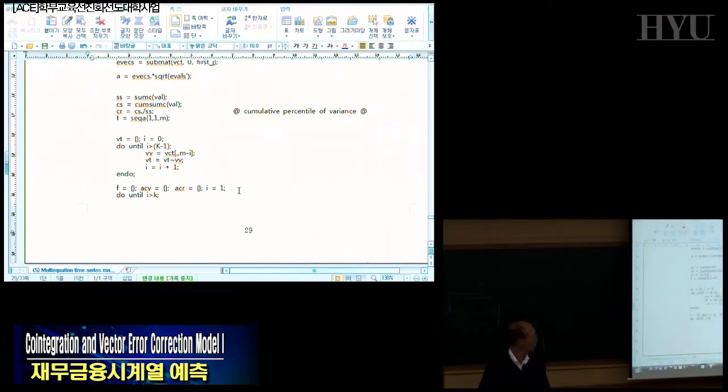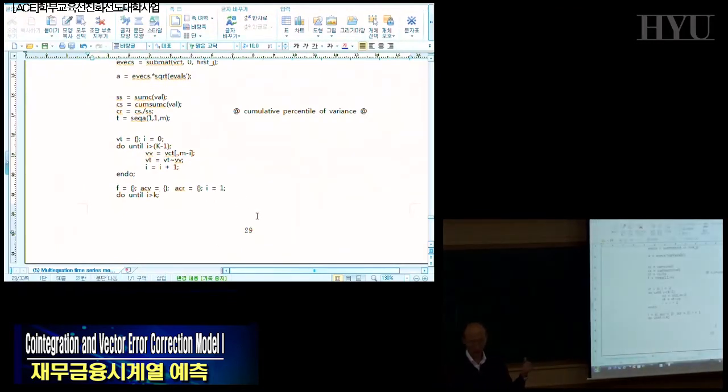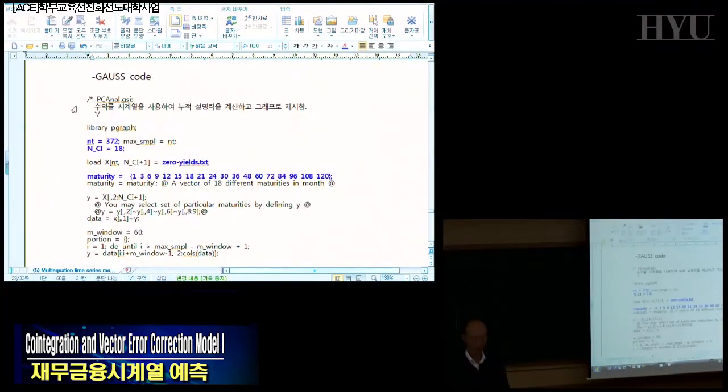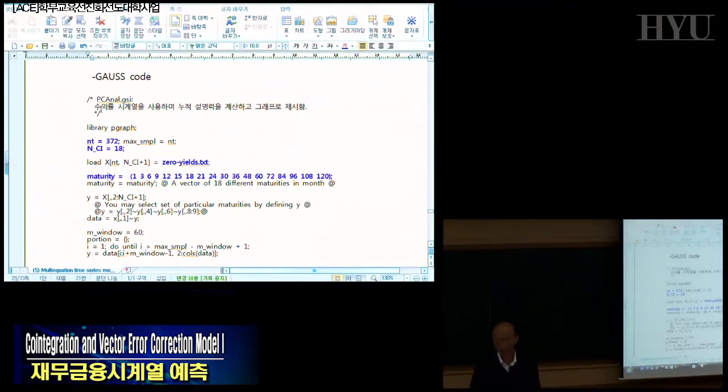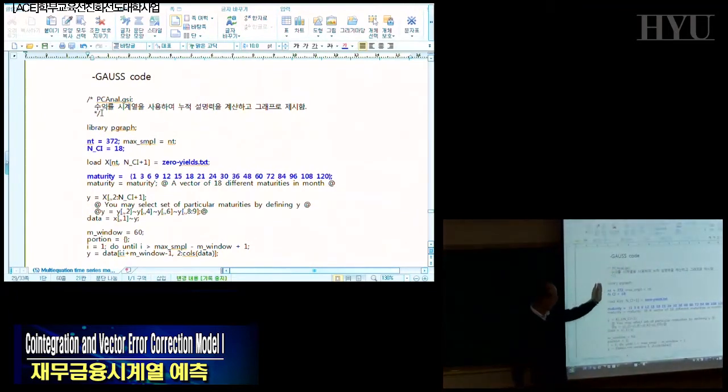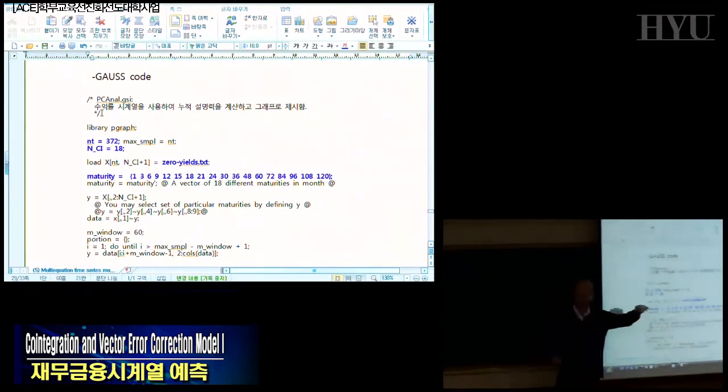But before we leave this assignment part, Gauss code is basically text. Okay? So this is basically a text file where things inside this and that are comments. Sometimes we use a library, in this case something called pgraph, to draw a line graph.